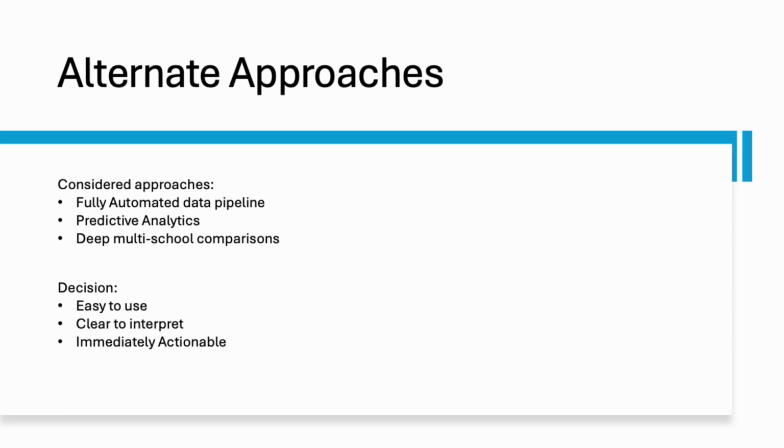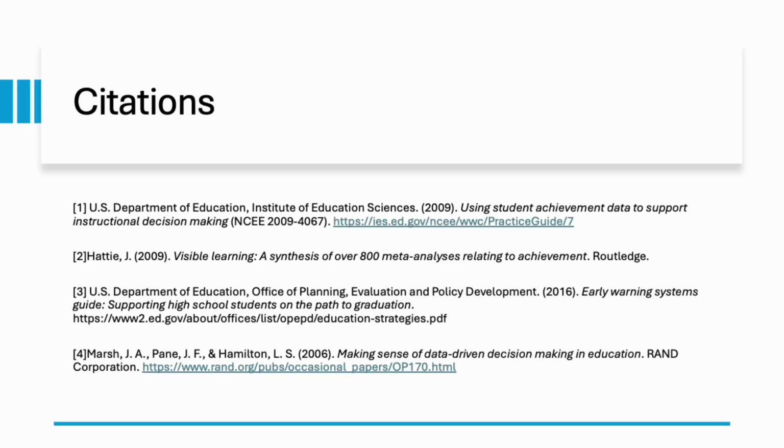However, I wanted to make this app easier to use and more clear to interpret. And this is going to allow us to make this immediately actionable. So I wanted to prioritize something simple, clear, and immediately actionable to deliver value quickly.